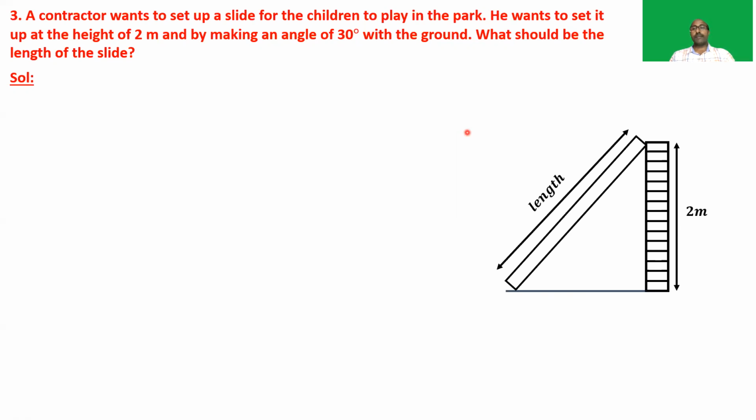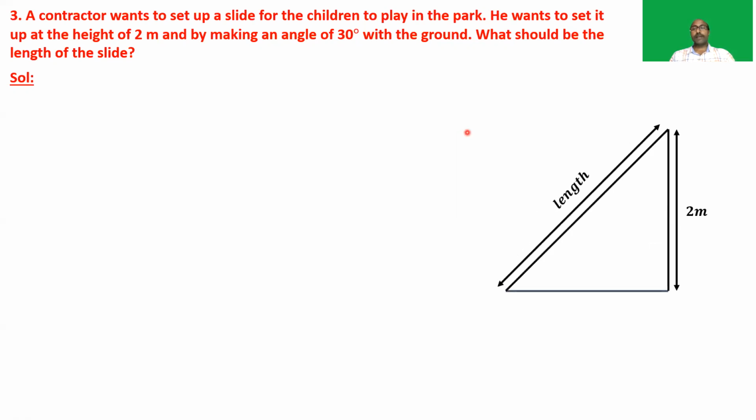So let us draw the lines regarding this picture. Now here AB is the height of the slide and AC is the length of the slide, and the angle of elevation is 30 degrees, and we need to find the length of the slide.